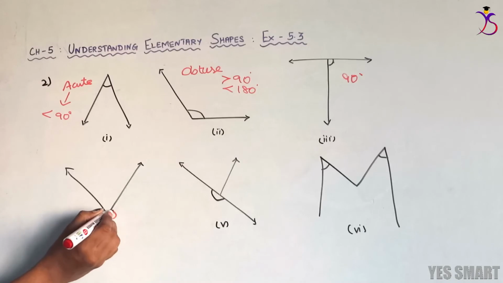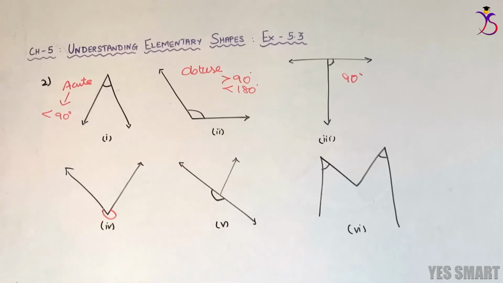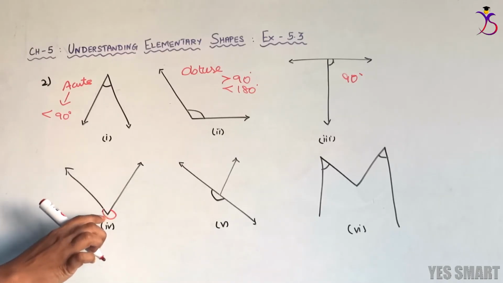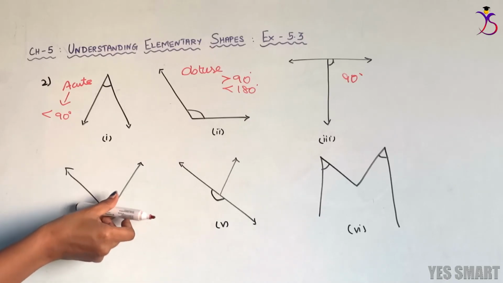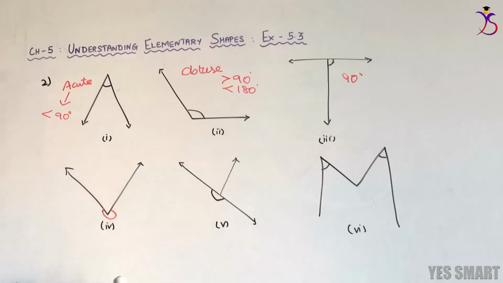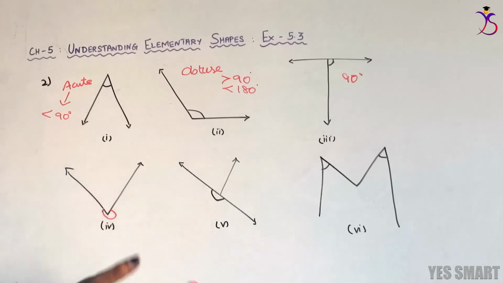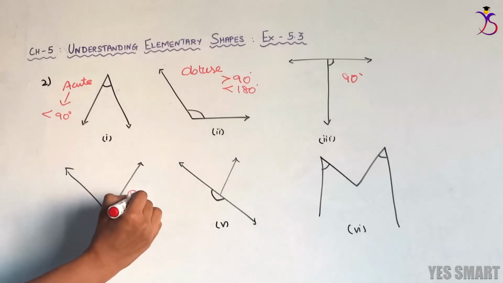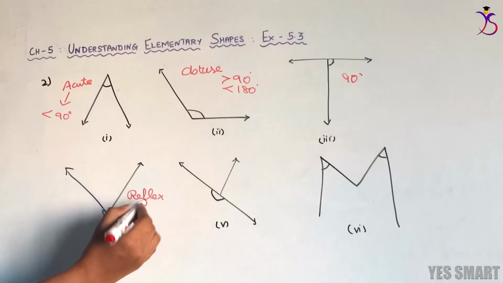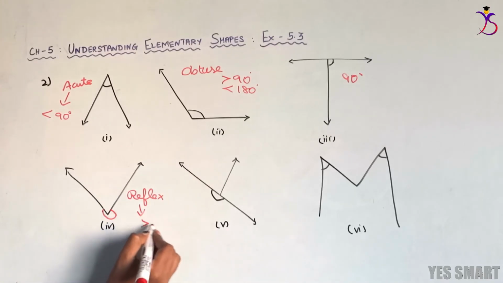This is clearly a reflex angle, because it is greater than the straight line angle. A reflex angle is greater than 180 degrees. Therefore it is a reflex angle, greater than 180, less than 360.